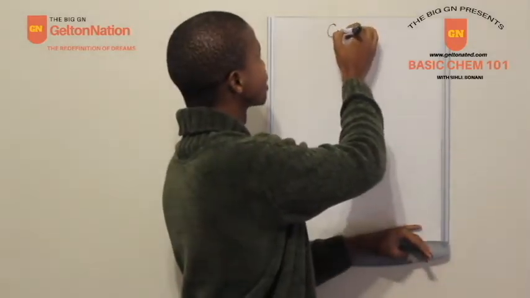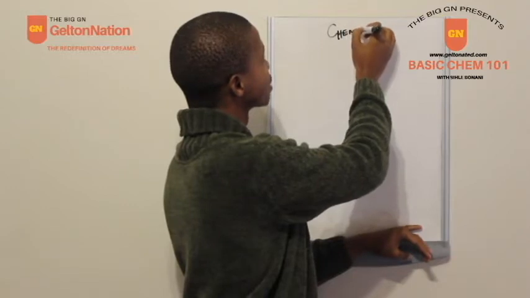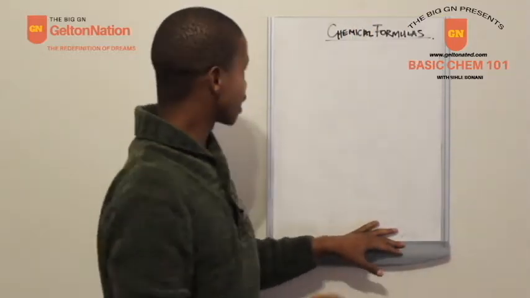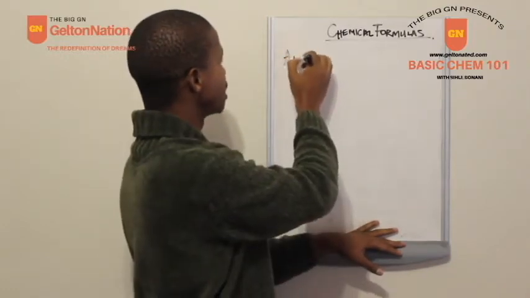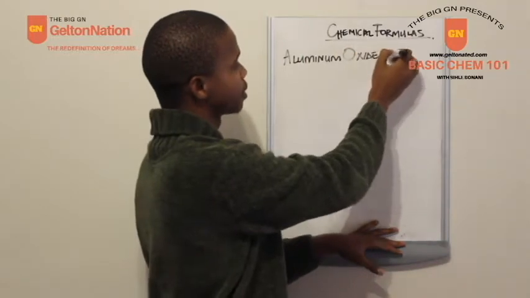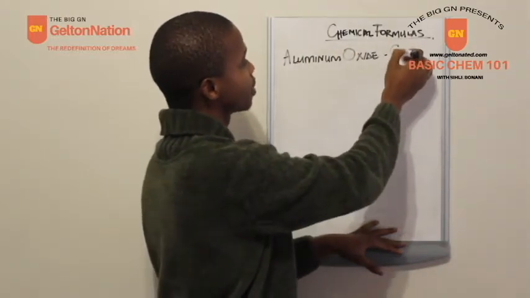So we're doing chemical formulas. I want you to consider aluminium oxide. This is a chemical name.